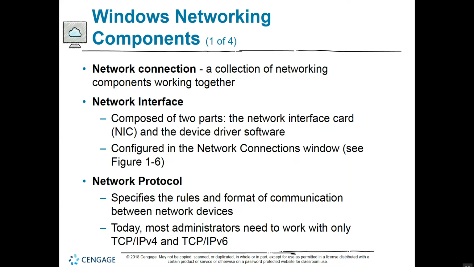The operating system can only control the hardware if there's device driver software that allows communication between the OS and the hardware. The NIC is the hardware itself, so we need those two components, the NIC and the device driver software. Okay, it's configured in the Network Connections window, and in the text you see Figure 1-6. You can see a picture of how to configure the NIC.